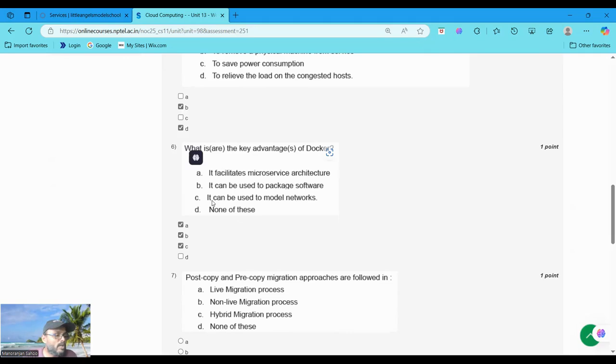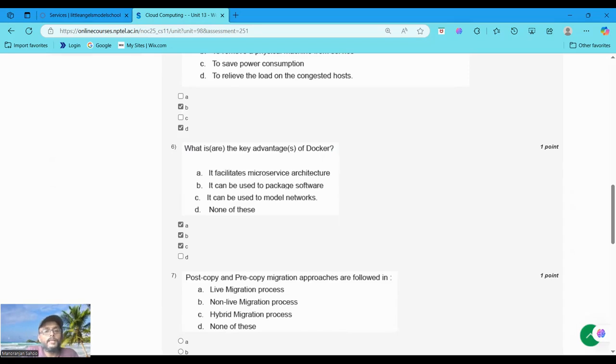So options A, B and C are the key advantages of Docker. A is correct because Docker's lightweight containers are ideal for microservices, enabling isolated development and deployment and scaling of individual components.